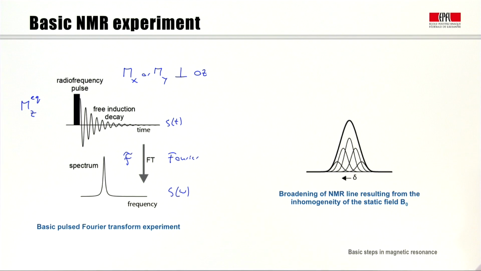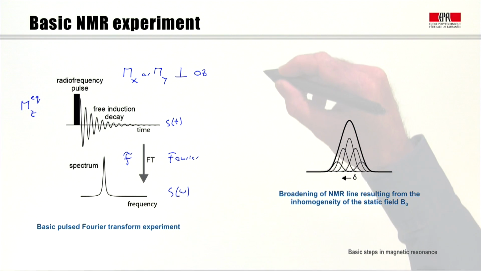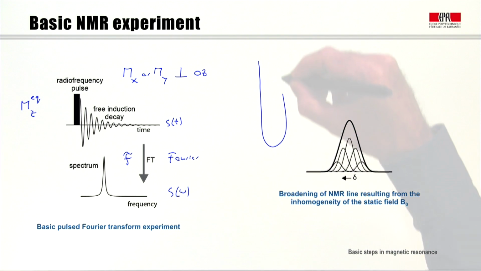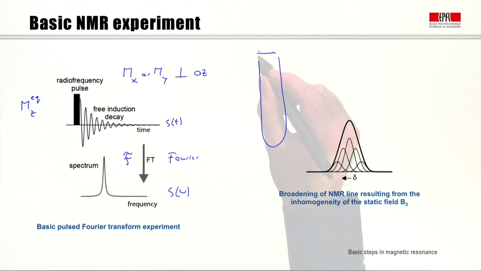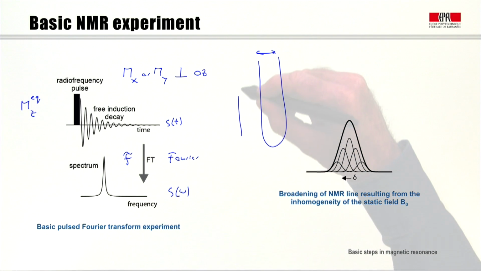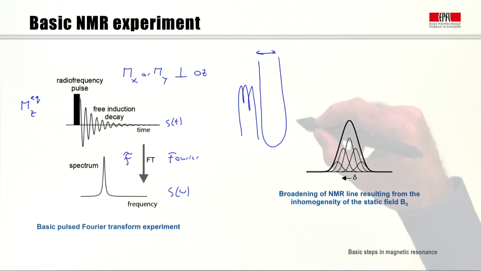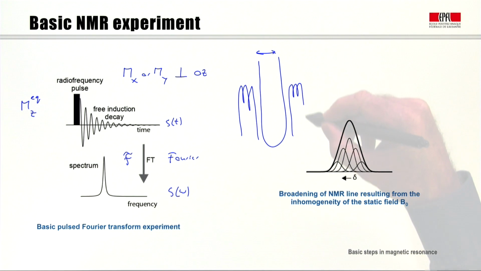Now, it turns out that the experiment is not ideal. First of all, we have the sample in a tube, typically a 5 mm tube, diameter maybe 10 mm, depending on your NMR spectrometer. And it turns out that this is immersed in a magnetic field and surrounded by a set of radio frequency coils.